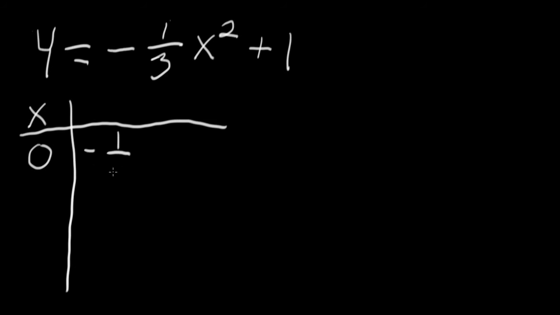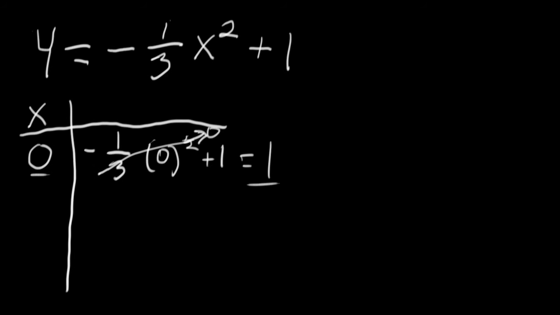It will really mess up the results. Okay, so I've got negative 1/3, 0 squared plus 1. Well, that's all 0. All of that becomes 0. Equals 1. So that's my y-intercept. 0, 1.